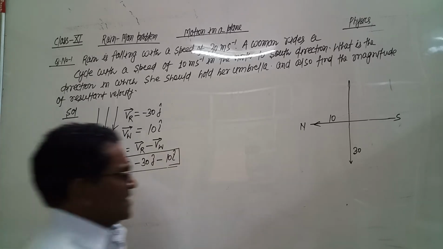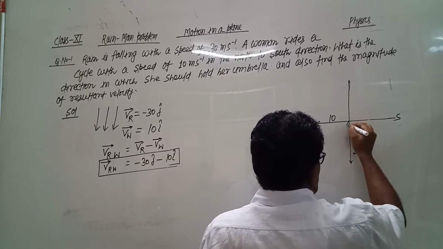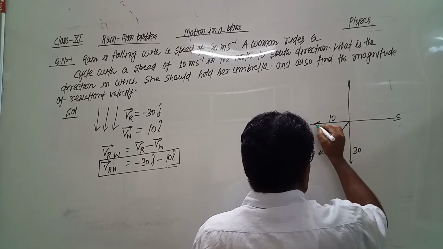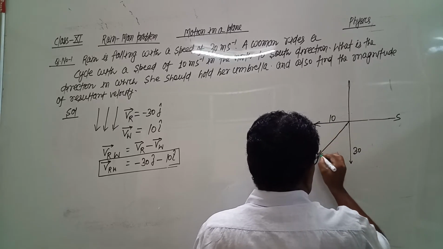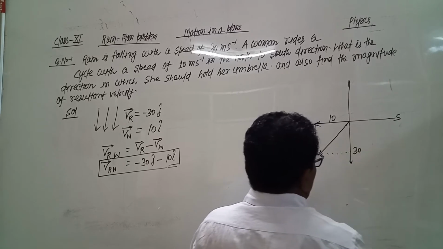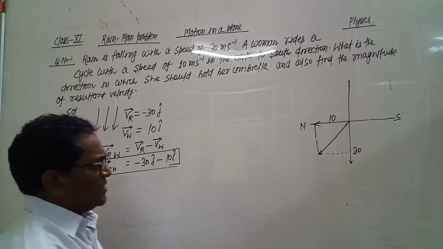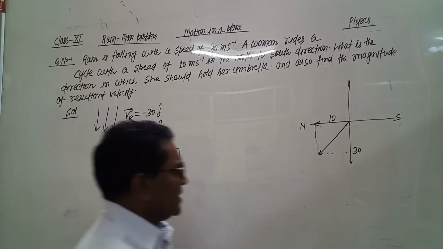And what would be its resultant? The resultant must be in this direction; join this and form a parallelogram. So in which direction should the woman hold her umbrella?